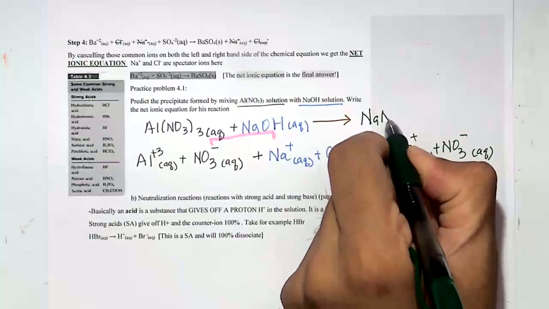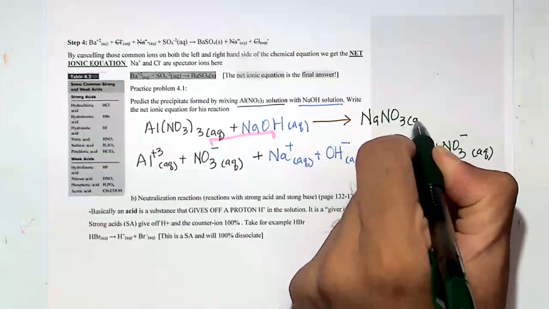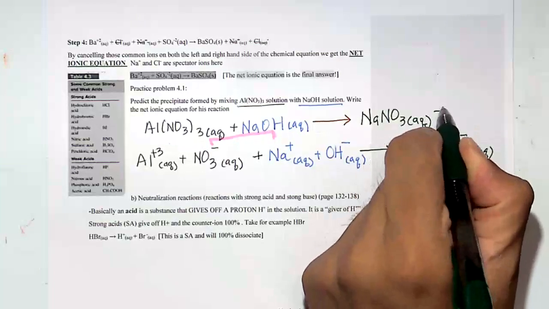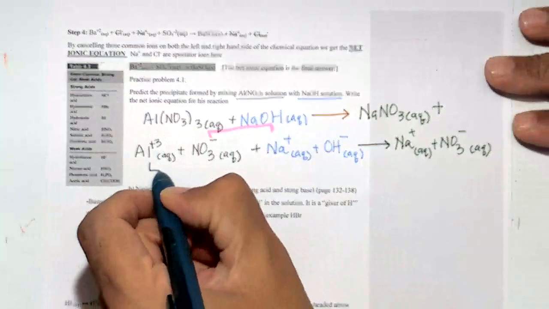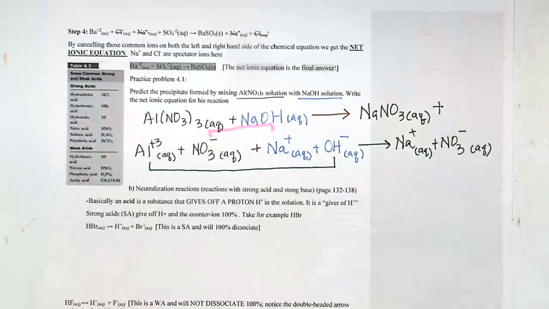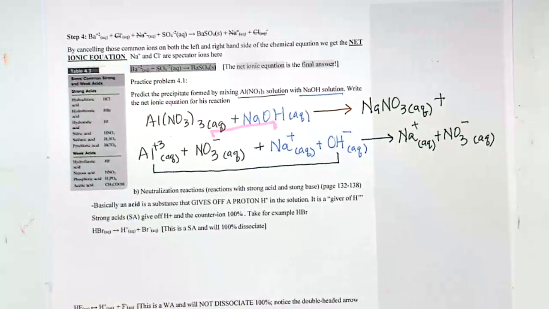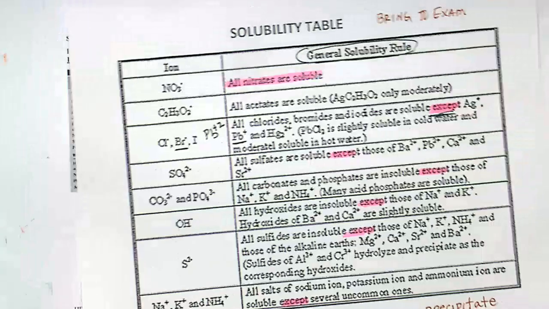So I'm going to write that here as aqueous. And then what about outer? Aluminum hydroxide. What do we know about aluminum hydroxide? Let's go to our solubility table.